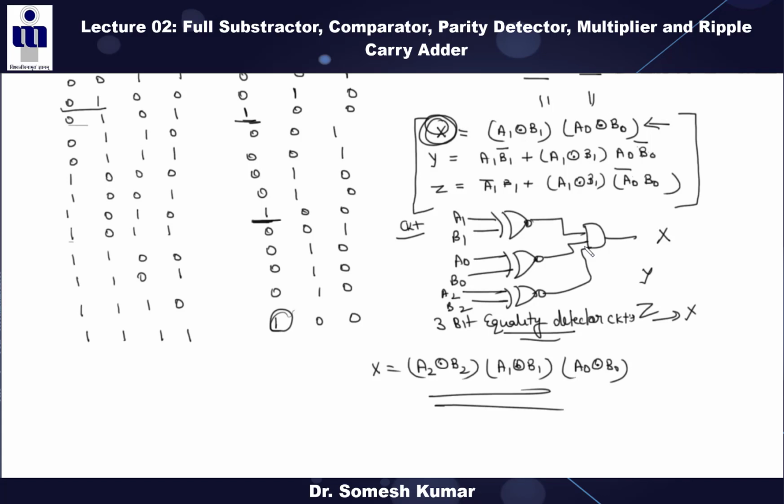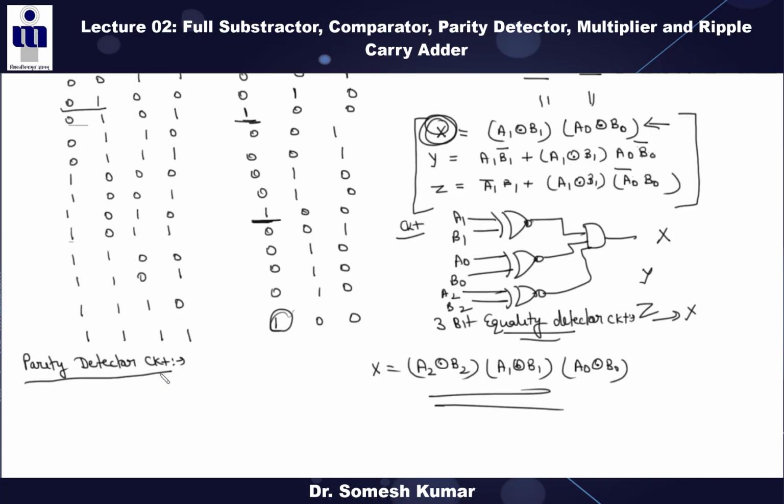So next is your parity detector circuit. Basically, the parity detector circuit is used to detect errors in your circuit. I am not going into the detail of how to find the errors.